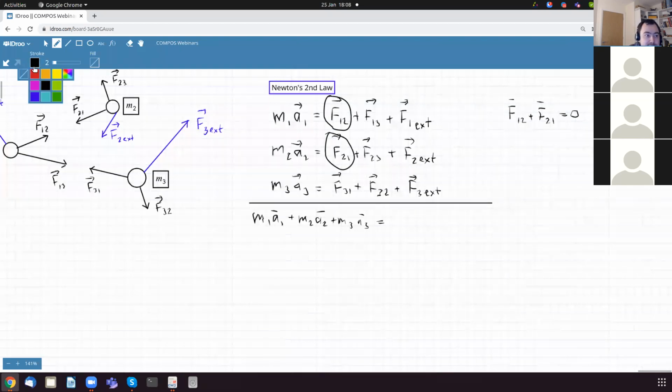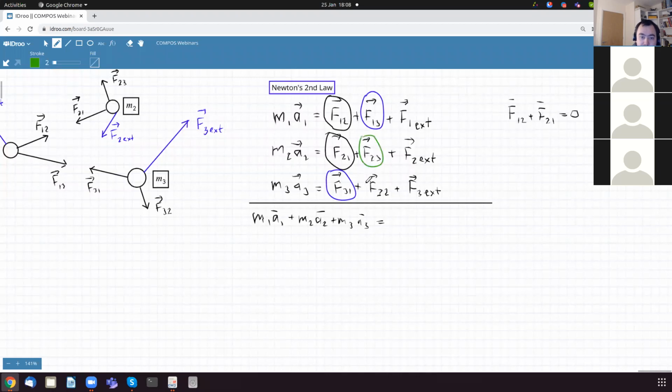And the same goes for F13 and F31, and the same goes for F23 and F32. That's 0. This is a total of 0, this is a total of 0, and this is a total of 0. So we have F1 external plus F2 external plus F3 external.